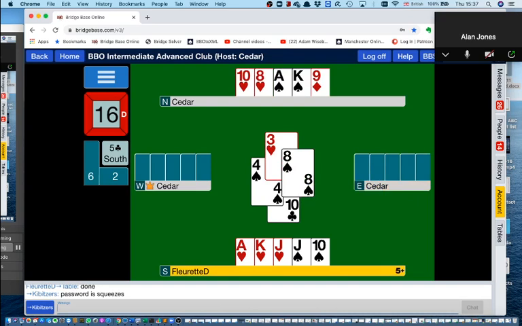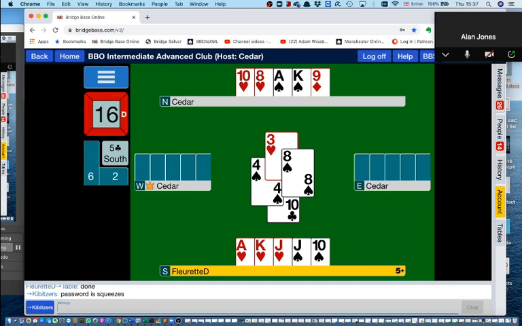Now, if you want this to be a literal show-up, i.e. the card shows, you want to cash the ace of hearts first. But you don't have to. These show-up squeezes work regardless on the principle that the card is dropping. So I'm perfectly happy for you to cross on the spades or to cash the ace of hearts first to actually get to a position where you can see the card you're looking for.